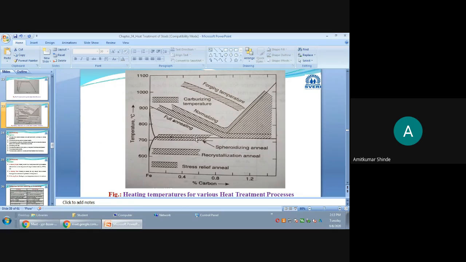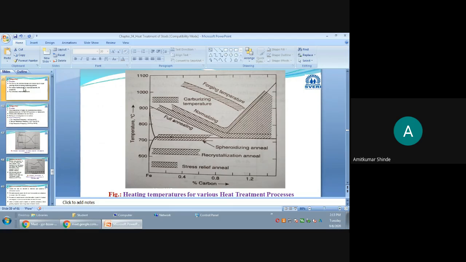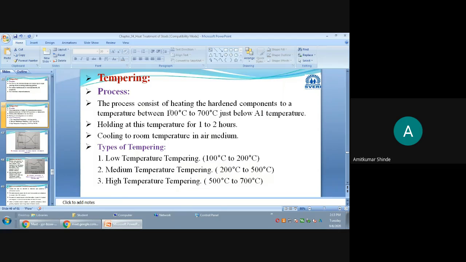Below this temperature line, in the range from 100 to 700 degrees Celsius, will be our heating zone for the tempering process. We are heating that component at 100 to 700 degrees Celsius, just below A1. That will be our heating cycle.